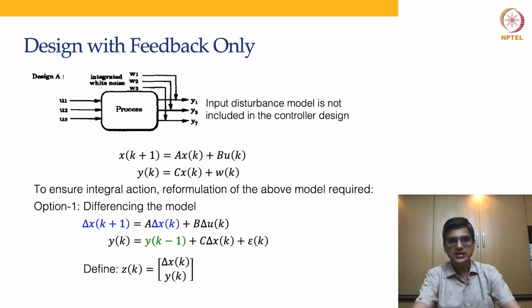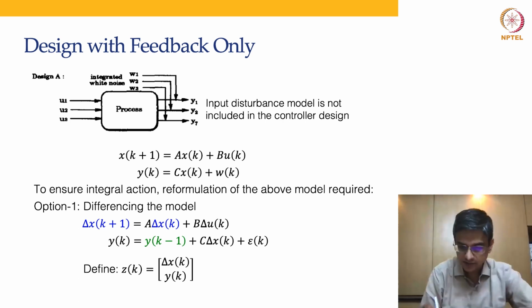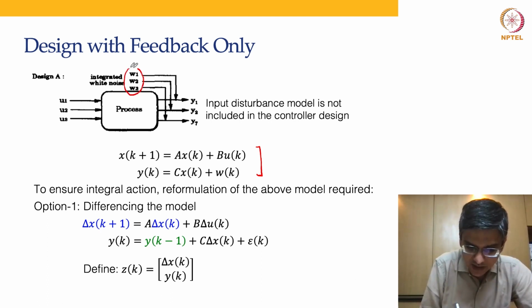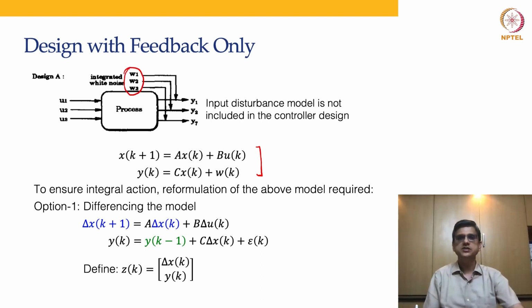Okay, so the various cases that the authors considered is the load disturbance model case. So as you can see, W1, W2, W3 are the load disturbances that are directly affecting Y1, Y2 and Y7. Now immediately you would notice that because these are additive noise that affect Y1, Y2 and Y7, therefore the controllability condition with respect to integrating white noise and the outputs is already met.